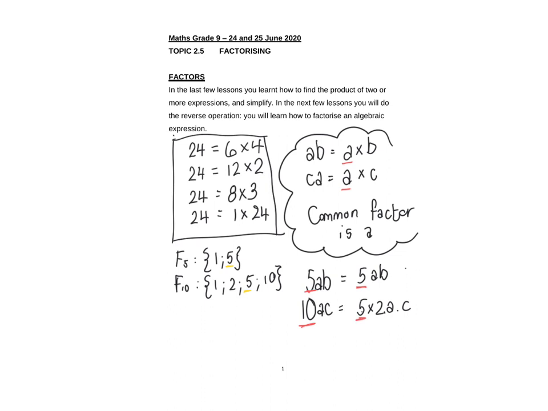So the total common factor here in this expression is 5. And then we've already gotten from here that it is A as well. Okay, so 5A. And if you look at it anyway, A is the other number they have in common.